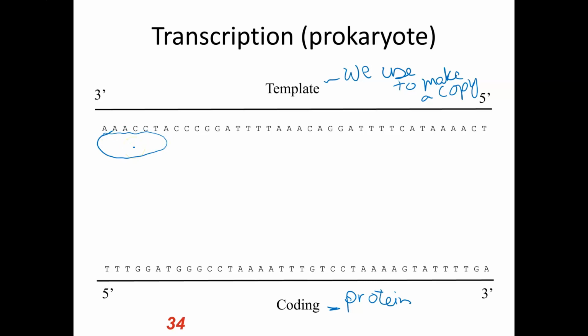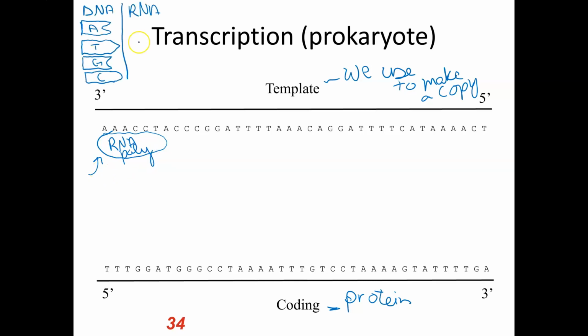It binds only to a 3' end, just like in replication, we still can only bind to that 3' end. It binds that 3' end of the template strand and allows for the proper nucleotides to come in. So this is RNA polymerase. I'll put that right here. RNA polymerase allows for the proper RNA nucleotides to come in.